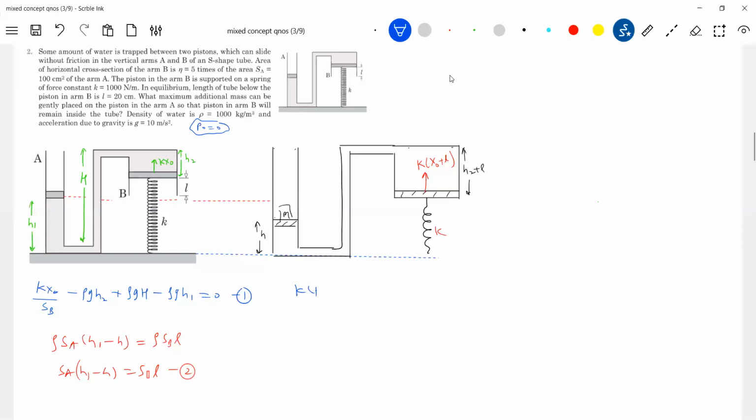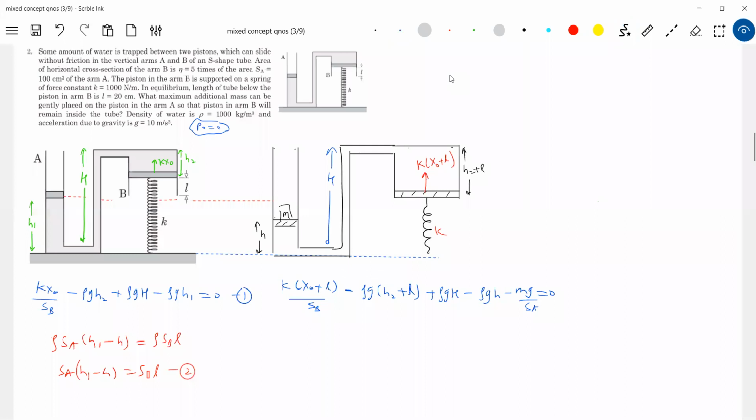K x naught plus L by SB minus rho G (H2 plus L) plus rho GH minus rho GH minus mg by SA equal to 0. Why mg by SA?